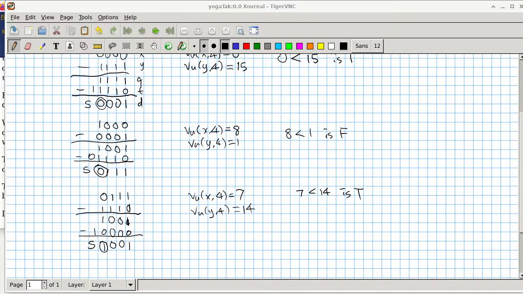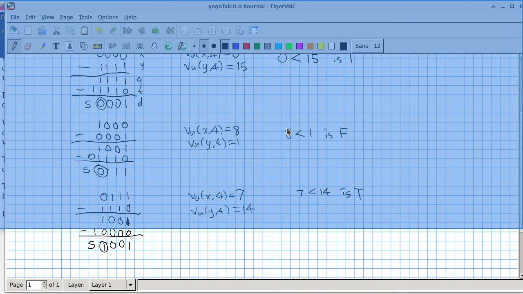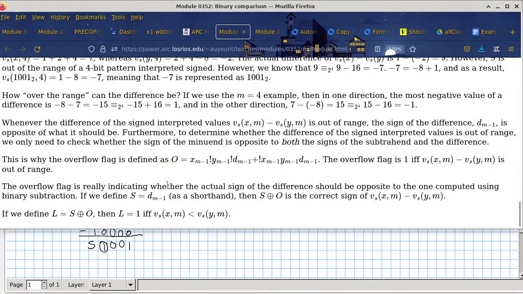All right, so now we go back to the notes because we only have one more symbol that we need to resolve, which is O. What is uppercase O? Because we know what S is now. Uppercase O is what we call the overflow flag. The overflow flag is defined right here.